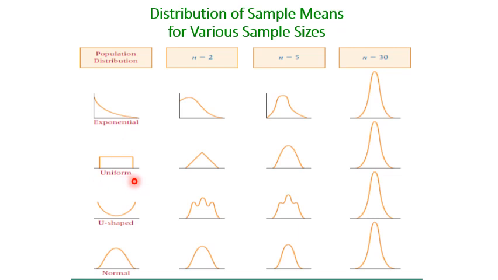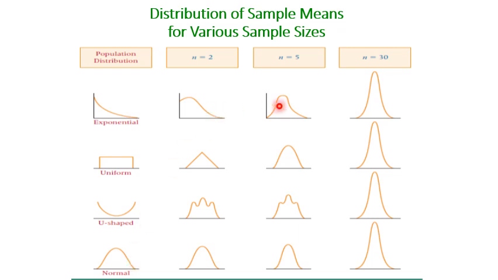In the second case we are sampling from a uniform distribution, so the distribution of x, the population you are sampling from, is uniform. In the third case we are sampling from a U-shaped distribution, and in the last case we are sampling from a normal distribution. We are selecting samples from a population that has a normal distribution.